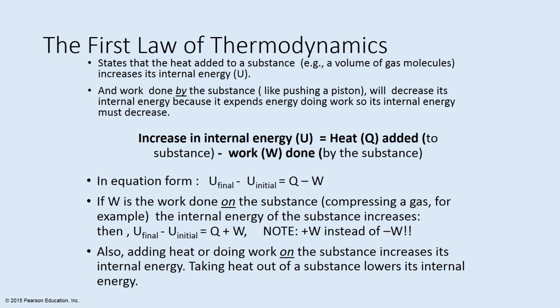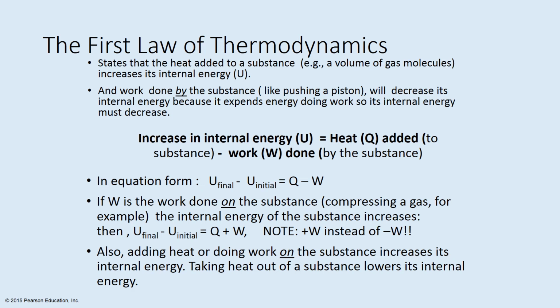And that's the equation in item number 4, where you see the change in energy is equal to the heat added plus the work being done on the gas. So either one of those will increase internal energy. I can compress the gas or I can add heat to it.